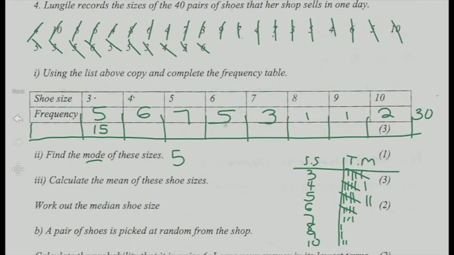4 times 6, we have 24. Here we have 35. Here we have 30. We have 21. We have 8. We have 9. We have 20. So we have to total this, and they give us a total of 162.